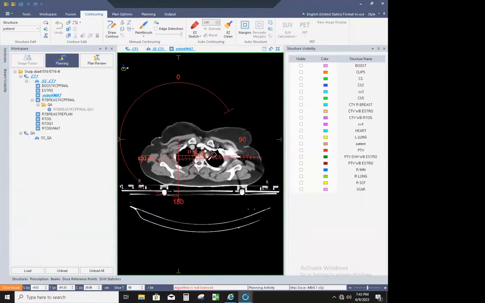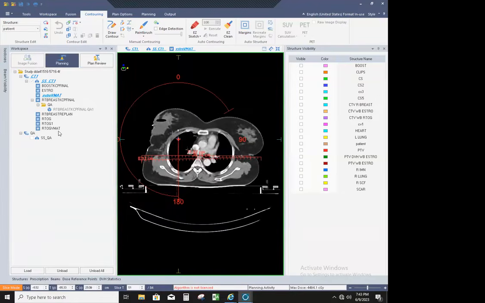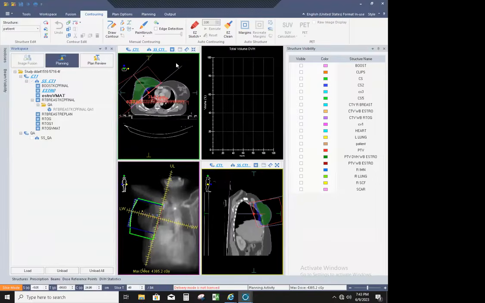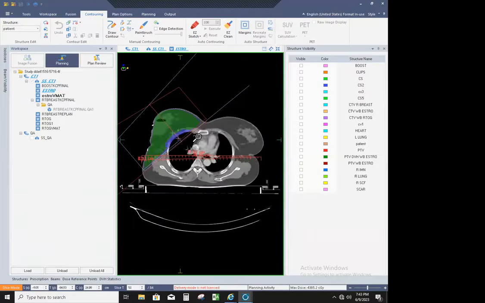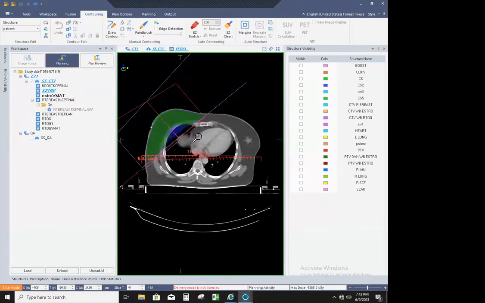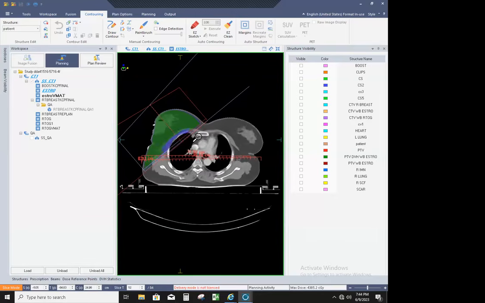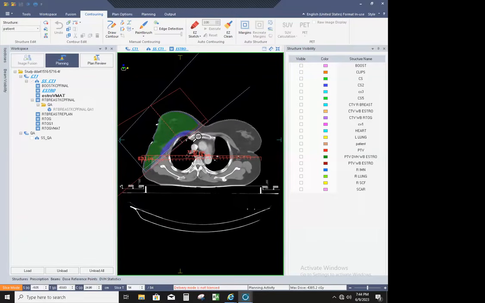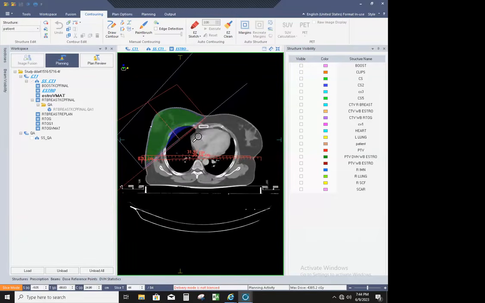So 2D planning is the best. If you see the 2D planning here, we did 2D planning here. Remember, 2D planning also looks better, nothing to worry. But sometimes you can better achieve homogeneity with ARC and IMRT and field technique.